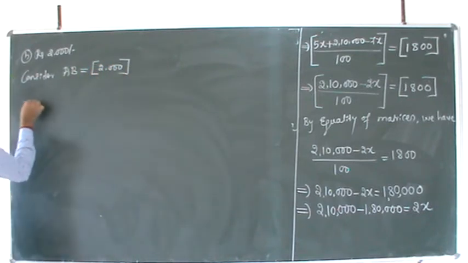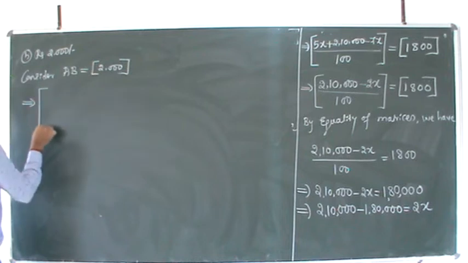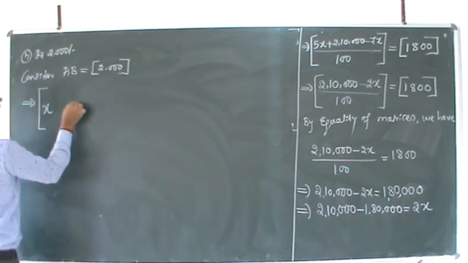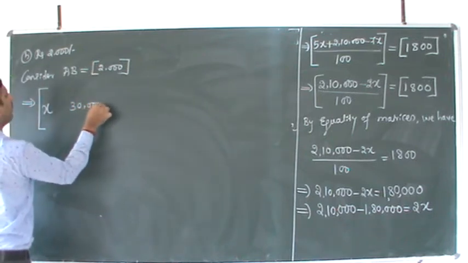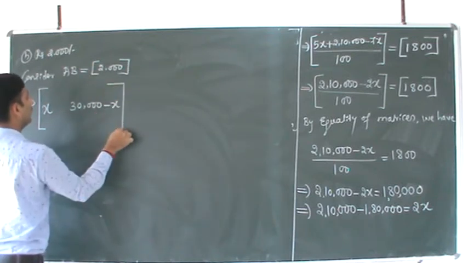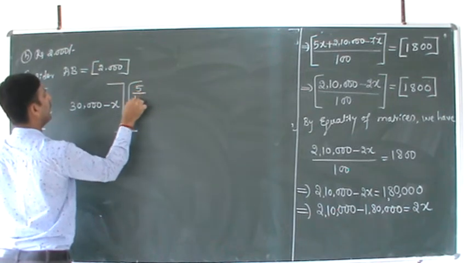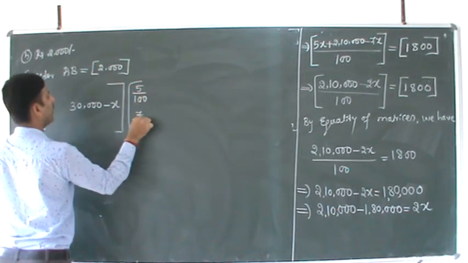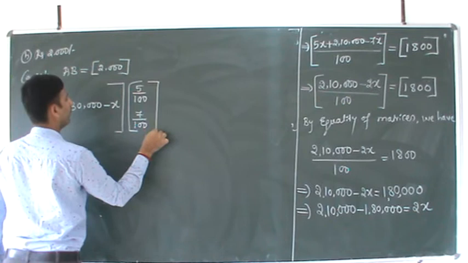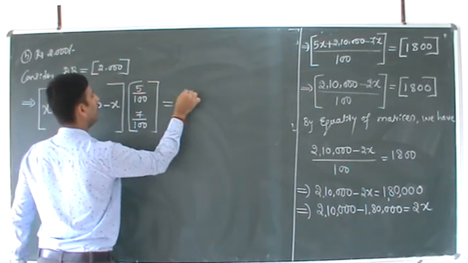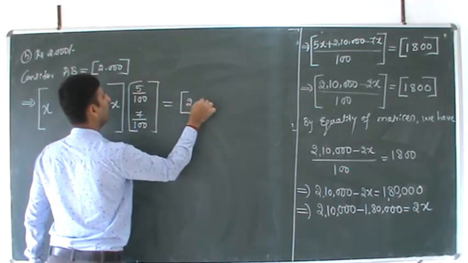What is the value of A? Previously we have x, 30,000 minus x. After that B, 5 by 100, 7 divided by 100, 5%. The procedure should be same. Only the RHS value changes, 2,000.